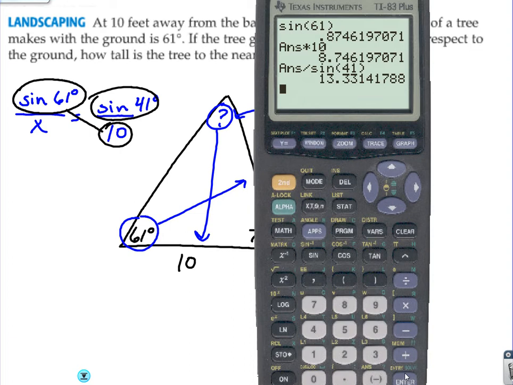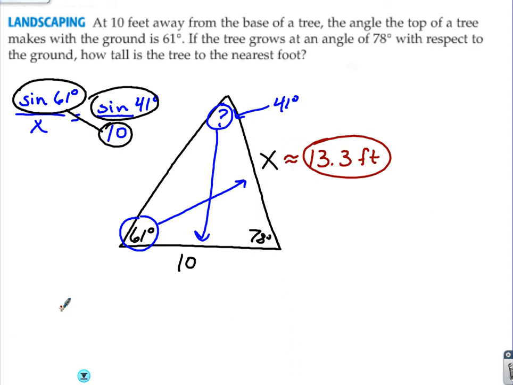Okay? Any questions? So the tree is a little bit bigger than 10 feet. And to find that third side, I don't know why you would need it. The distance from where you are to the top of the tree, could you use Pythagorean theorem? No, it's not a right triangle. Don't ever use Pythagorean theorem unless you have a right triangle.